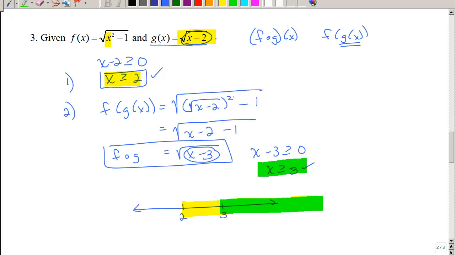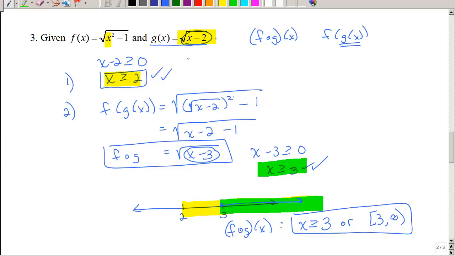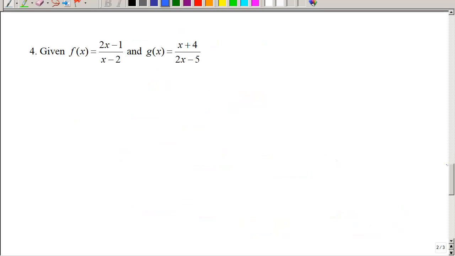What is the most restrictive domain? Only this part. So our final answer for the domain of f of g of x is x greater than or equal to 3, or in interval notation written like that. So yes, we had to take that into consideration. The intersection of those two is still x greater than or equal to positive 3. A little bit harder.